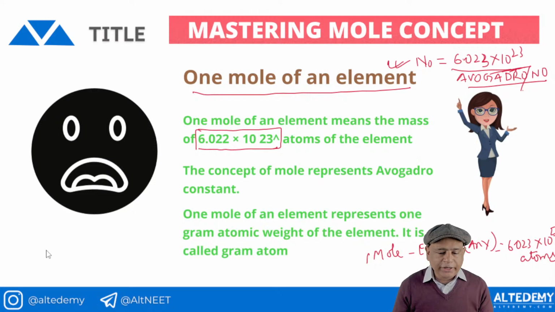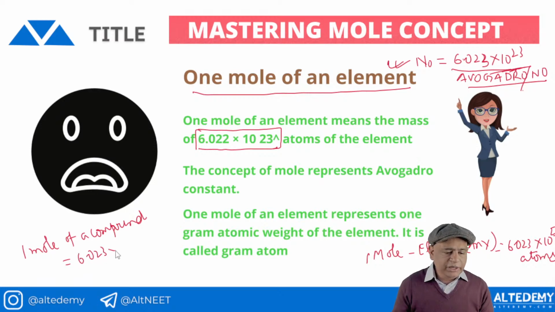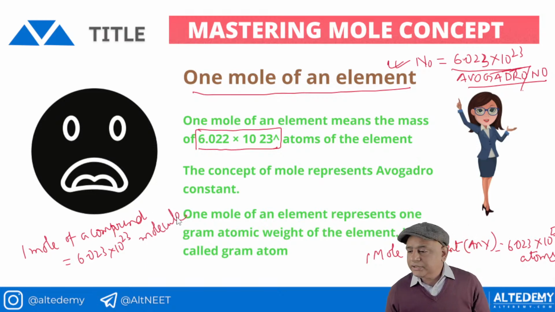And if we are talking about 1 mole of a compound, this again is 6.023 into 10 to the power 23, but these are molecules.